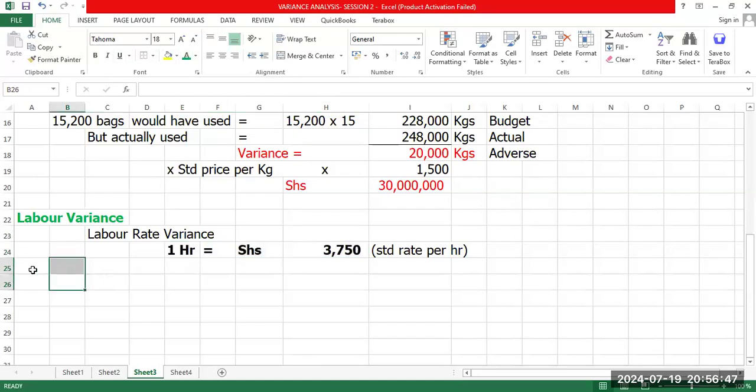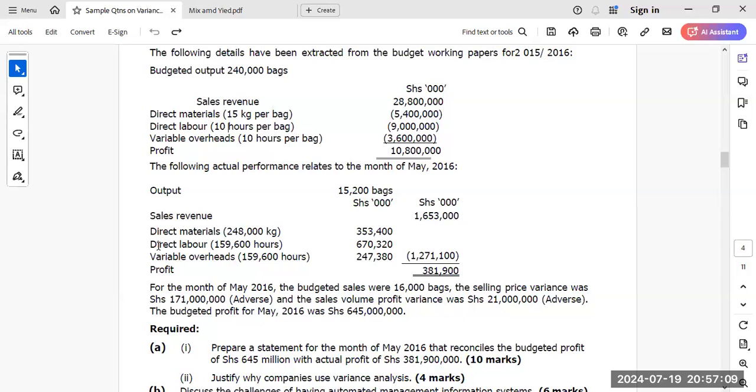Because the next question you ask yourself now, how many hours did they actually work? So we go to actual information. We need to know actual number of hours worked.